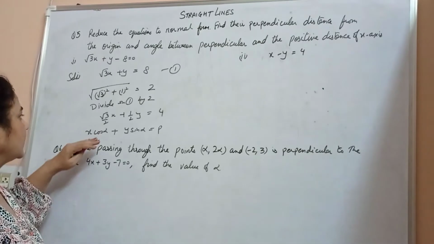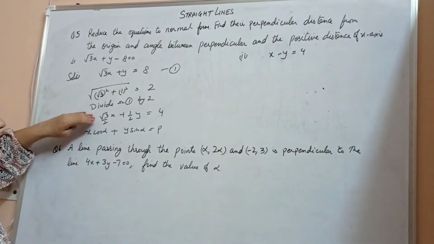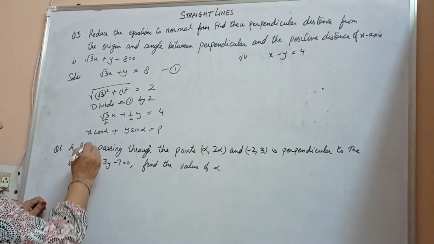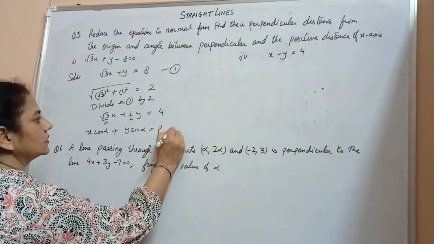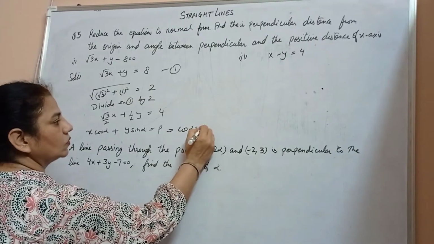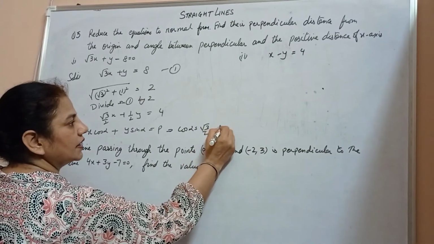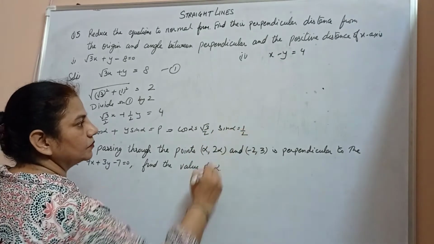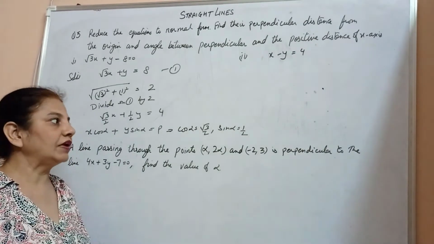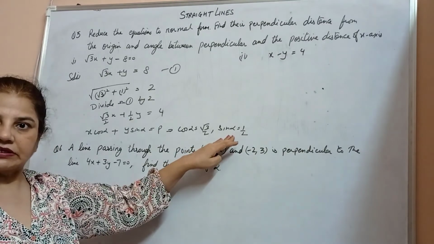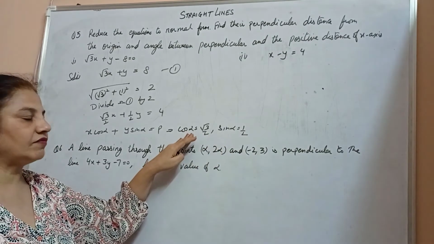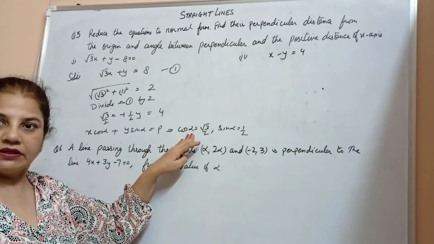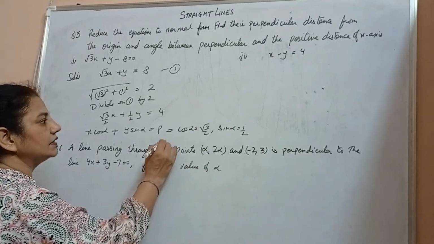Now clearly we can say that cos alpha is root 3 by 2 and sin alpha is 1 by 2. So the value of sin alpha at 1 by 2 is 30 degree and cos alpha root 3 by 2 is also at 30 degree. So we have angle alpha is 30 degree.